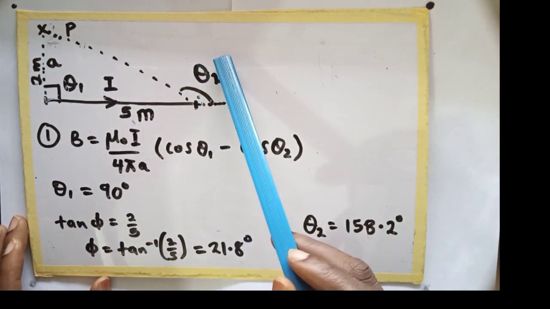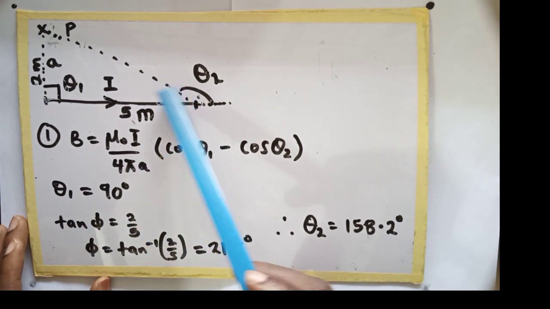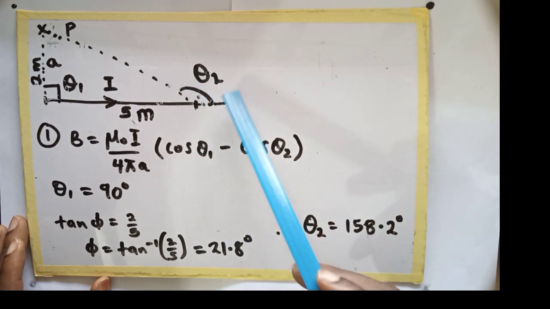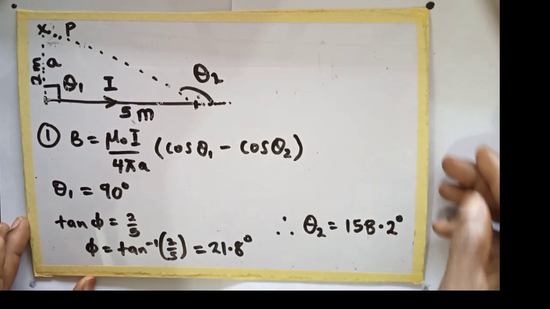Now, to get our theta 2, we must know this angle, and to know this angle, we use opposite over adjacent, which is tan phi. We call this angle phi. Tan phi is equal to 2 over 5, and phi is equal to arctan of 2 over 5, which is 21.8 degrees. So this angle will now be 180 minus 21.8. Therefore, theta 2 is equal to 158.2 degrees.